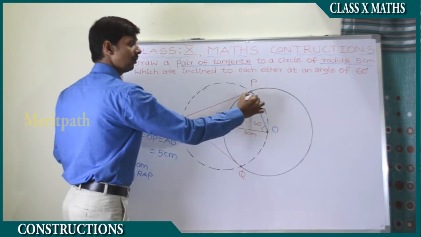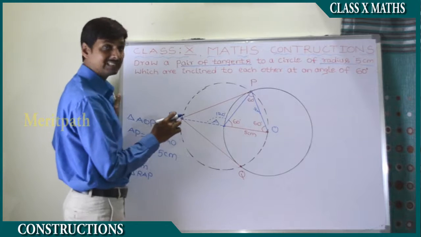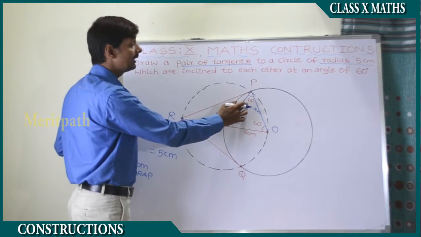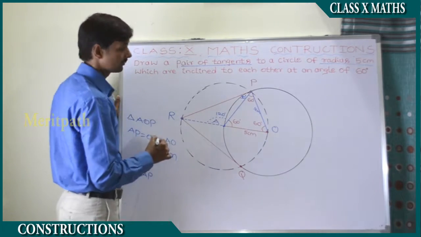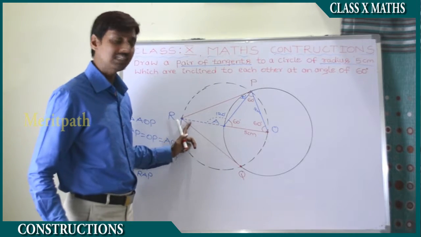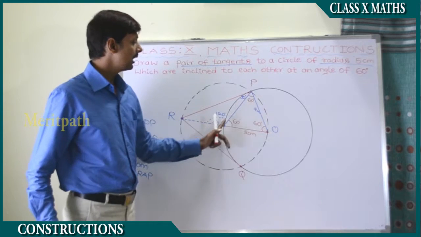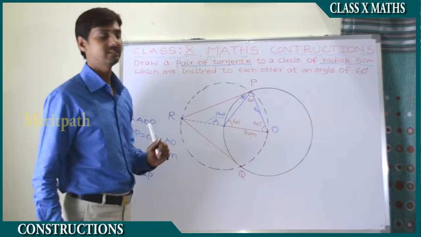So this full angle, total angle OPR is 90 degrees, but here one of the parts we got is 60 degrees, the remaining angle will be 30 degrees. So OPR is 90, and then OPA is 60, and then here APR will be 30 degrees.